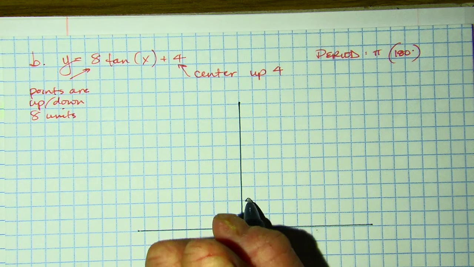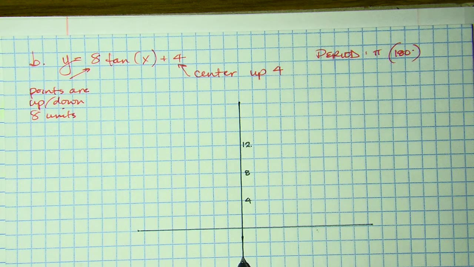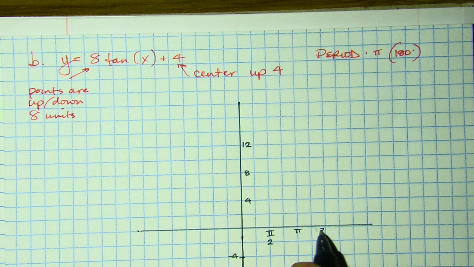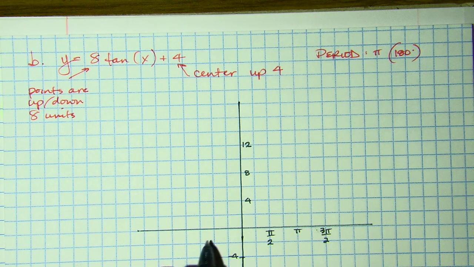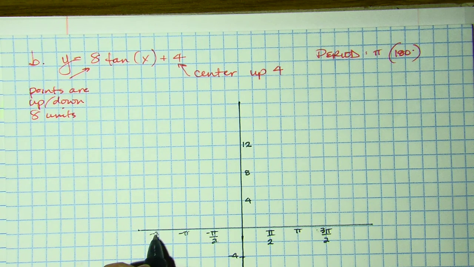So here's 4, 8, 12, and here's negative 4. My period hasn't changed, so pi over 2, pi, 3 pi over 2, negative pi over 2, negative pi, negative 3 pi over 2.